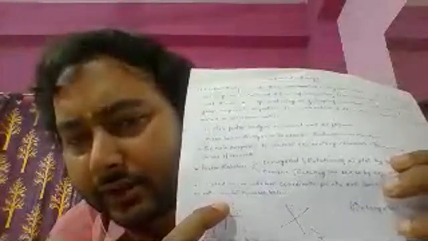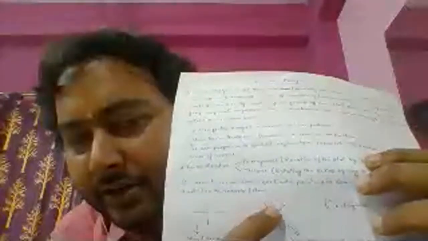Check this point. Here you will see this is a coordinate axis. There are some scattered points here, which more or less seem not correlated.